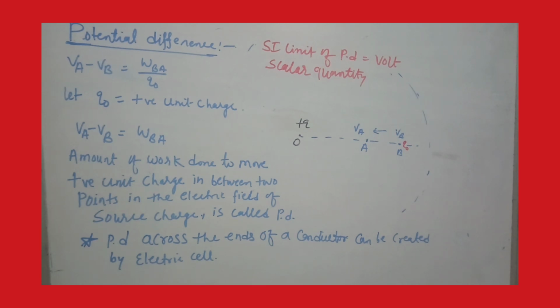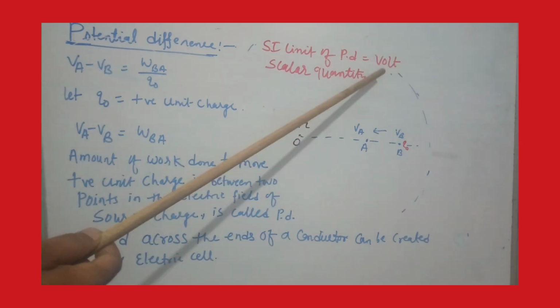So here we must keep in mind the points must be in the electric field, and Q naught charge is the moving charge, and this one is the source charge. So simply we will determine work done to move Q naught charge from point B to point A and find out this ratio WBA upon Q naught. So this is the formula for potential difference, and its SI unit is similar to potential, that is volt.